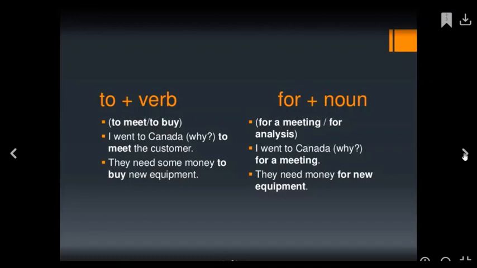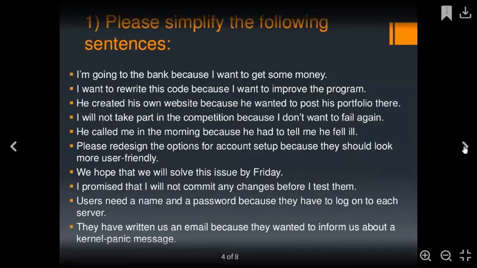Okay, we're going to see these sentences. The first one, I'm going to the bank because I want to get some money. How can you simplify this sentence? In this case, the full sentence is, I'm going to the bank because I want to get some money. The first one could be like this.